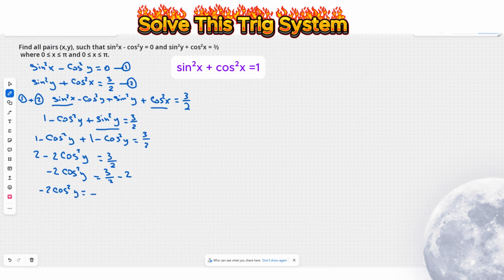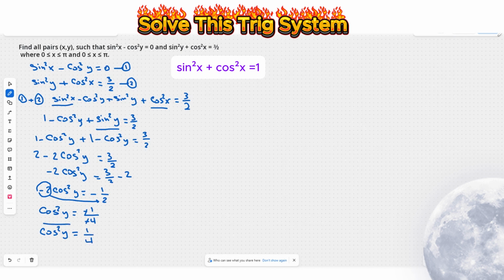That's going to give me negative 1/2. I'm going to take the negative 2 here and cross multiply it to the bottom right there. So that's going to give me cos² y equals negative 1 over negative 4. The negatives would cancel. Now we have cos² y equals 1/4.